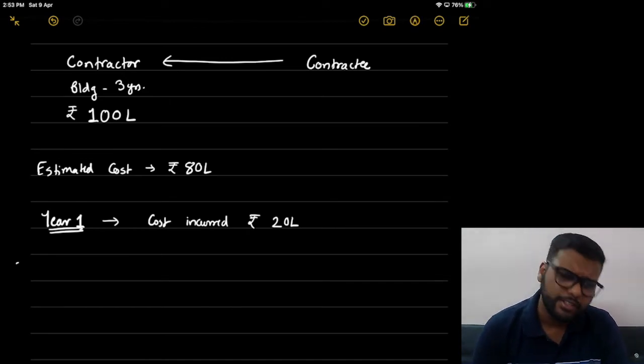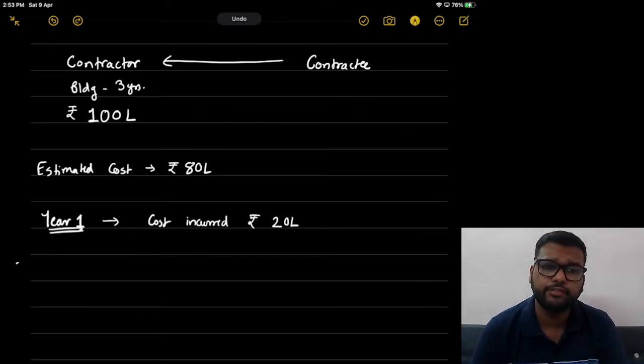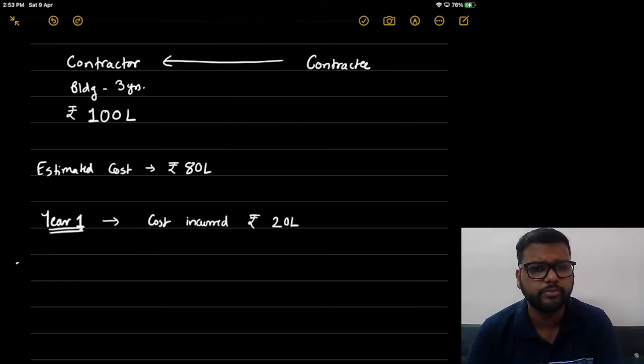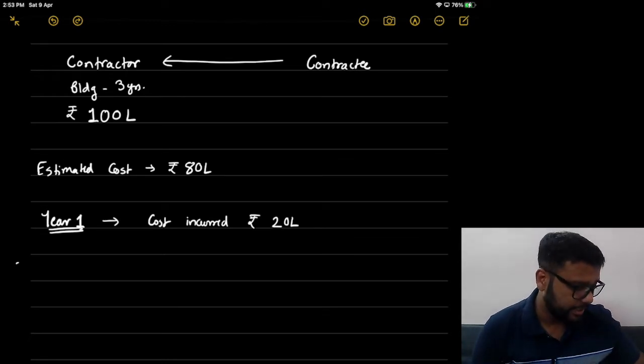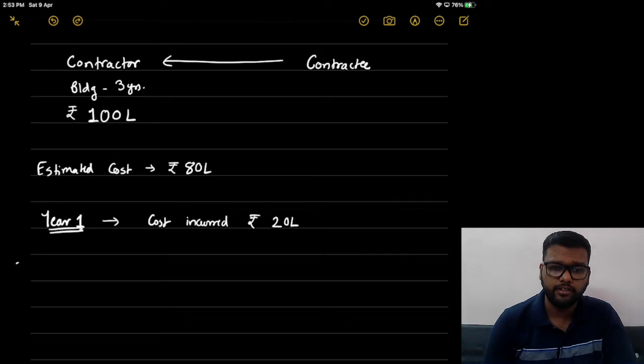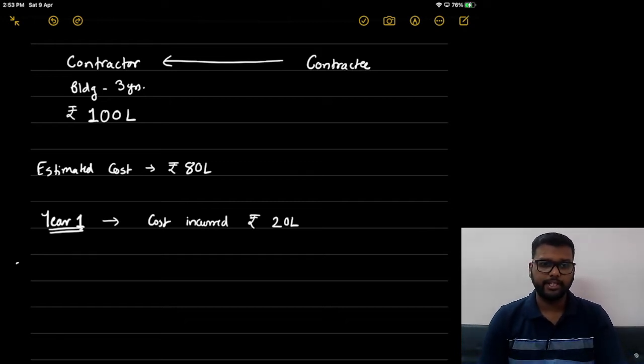Let's assume that our estimated cost is still 80 lakhs. Nothing has changed. For this example, let's assume that out of 80 lakhs we have already incurred 20 lakhs in the first year. Can you tell me how much of the project we have completed in year 1? In percentage.